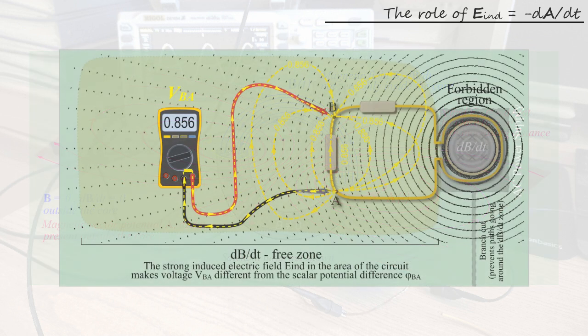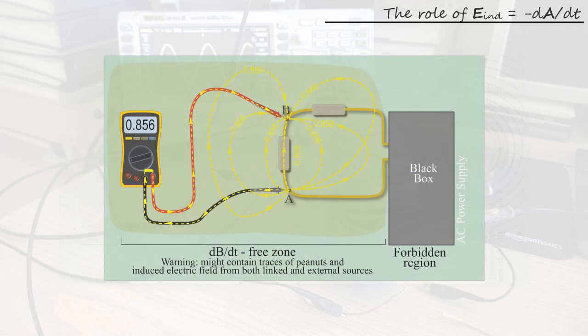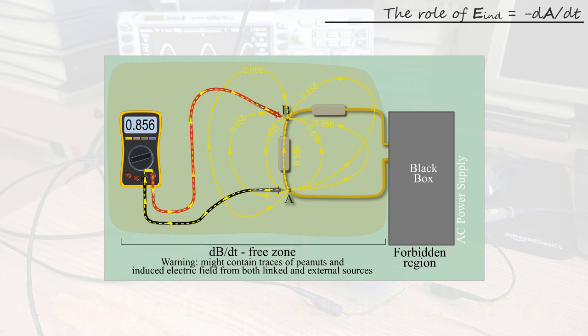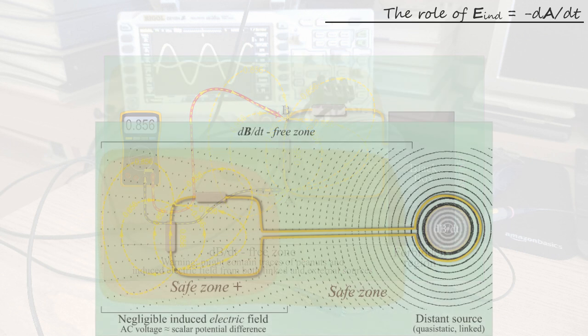But only one of these fields, dB in the T, is relevant in terms of its effects on the voltages and currents in our circuit, and also as far as the uniqueness of voltage is concerned. As we will presently see, the induced electric field can only alter the partition of voltage into its scalar potential difference and induced voltage components.